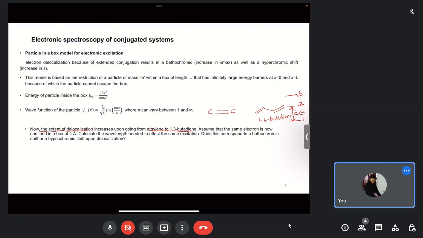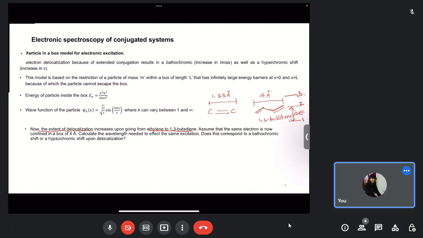Now the particle is no longer confined to a 1.33 angstrom box, whereas it has been confined to a 4 angstrom box. That corresponds to the total extended length of this conjugated molecule. So we have to find what is the wavelength required to affect the same transition, which is 1 to 2.